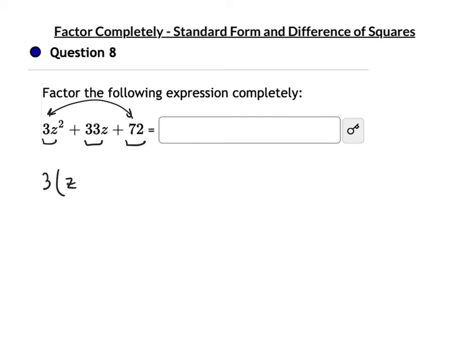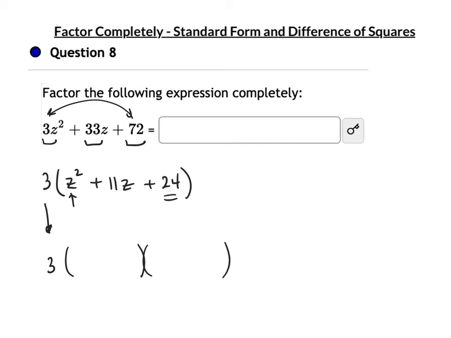3 times z squared is 3z squared. 3 times 11 is 33, so 3 times 11z. And 3 times 24 is 72. We bring this down. It's part of the answer, 3. And this is a standard form. There's no number in front now because that's a 1z squared.